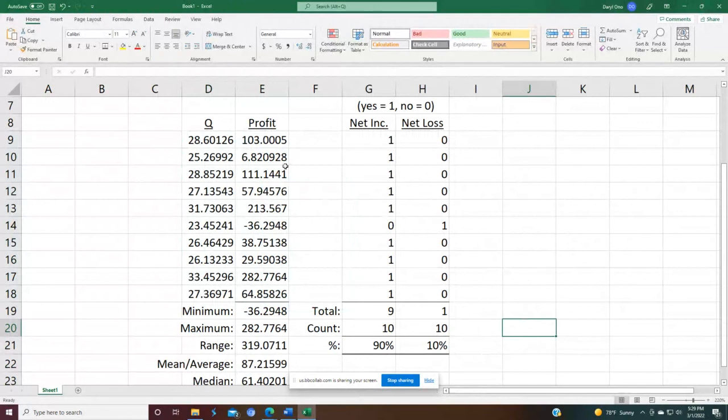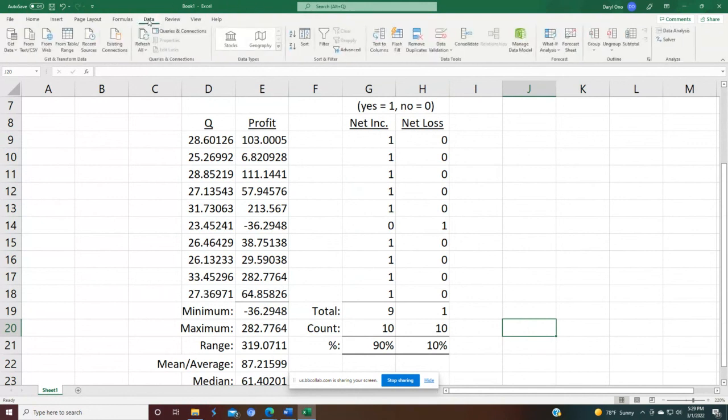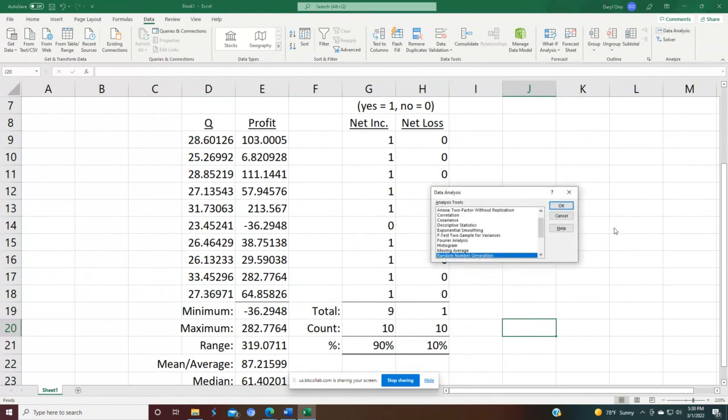Hey, Professor, I just had one quick question. When you actually ran the random number sampling, could you just do that really quick one more time to show me the parameters you used and how you determined those parameters? Okay, so we'll do data, data analysis, random number generation.